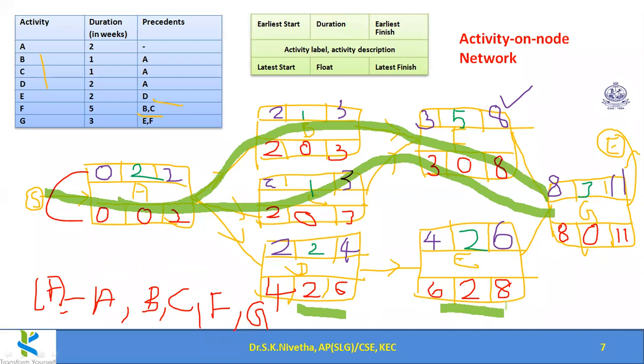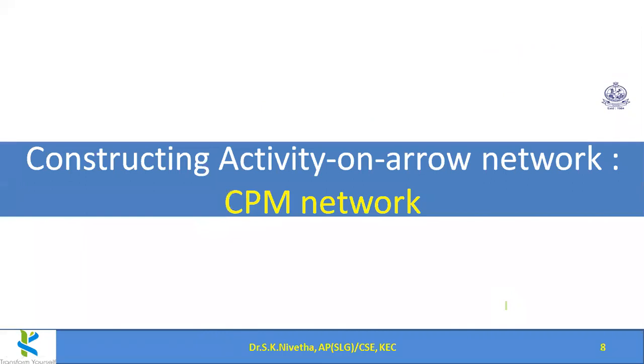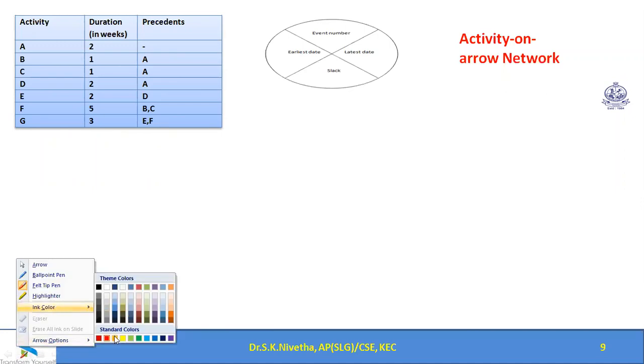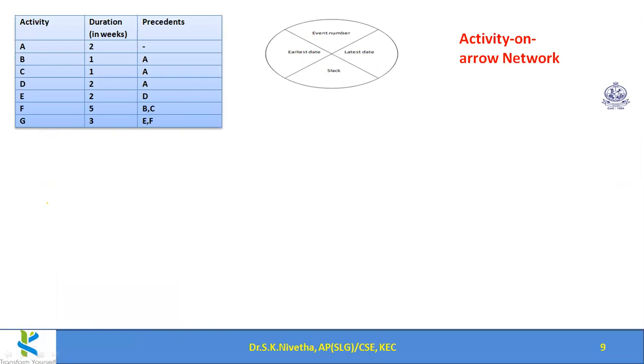Okay, now next, activity on arrow network. So in this, first I'll be drawing the event number 1.